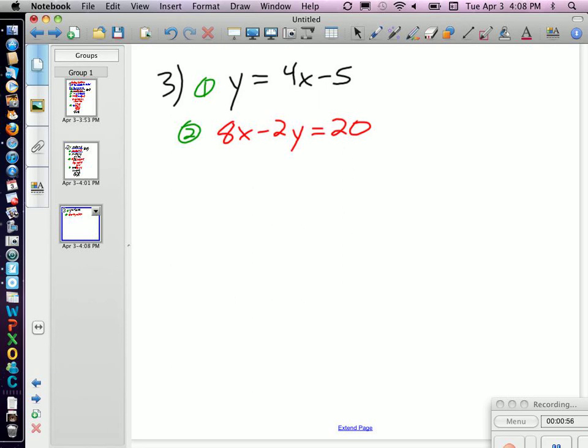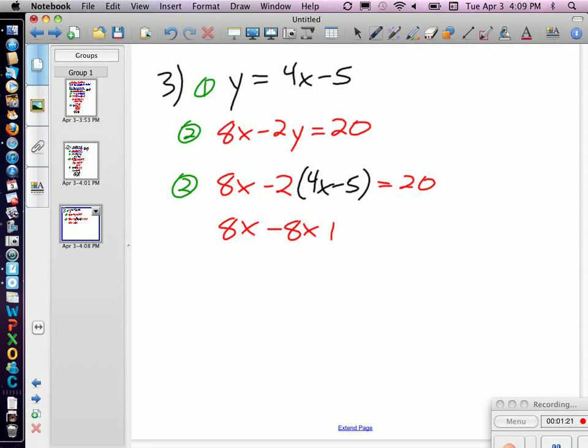So equation 2, we have 8x minus 2 times y, which is 4x minus 5, and that's going to equal 20. And we're just going to solve that. So we have 8x minus 8x plus 10 equals 20.